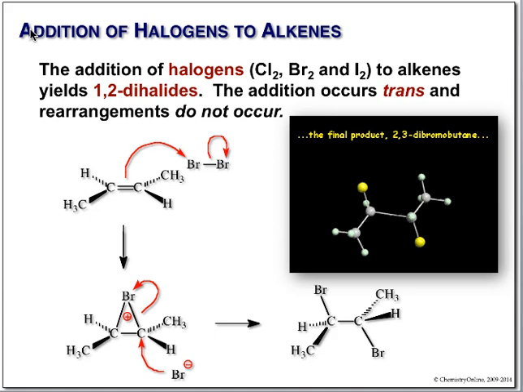This is our bromonium ion. Once again, it's big, and the only pathway for attack is from the backside. That's why we wind up with our trans stereochemistry. Any questions?